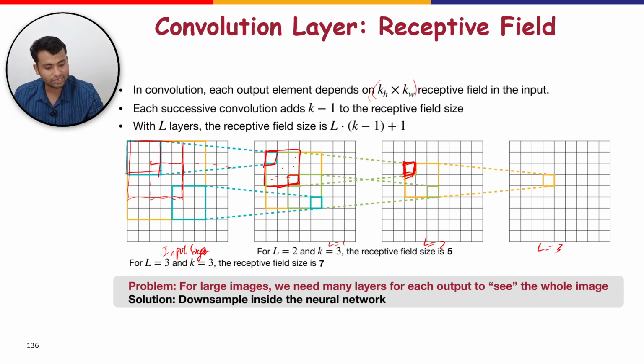Now if we go to L equal to 3, then the range just increases. Here it shows clearly that this last box is getting mapped to here, and amongst this, this last box is also getting mapped to here. So with each successive layer, the dimensions of the receptive field keep increasing.